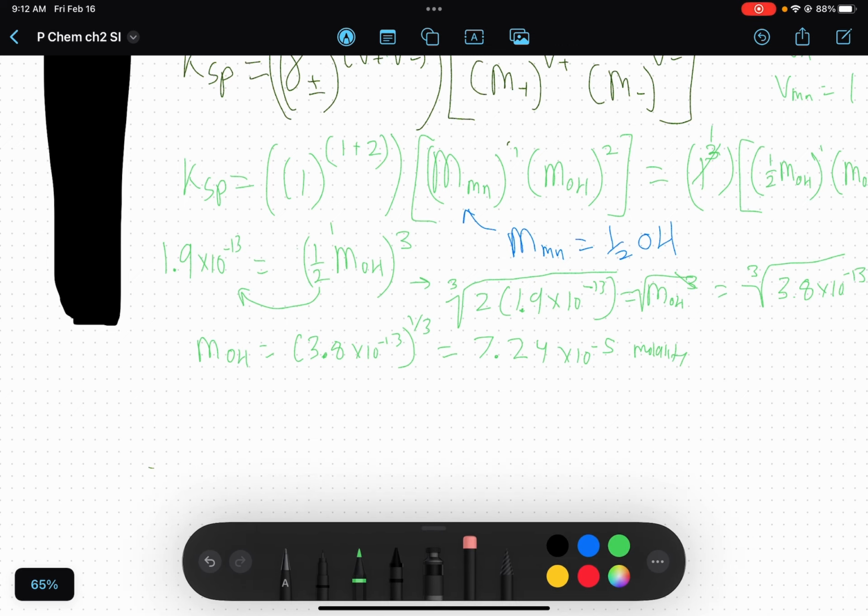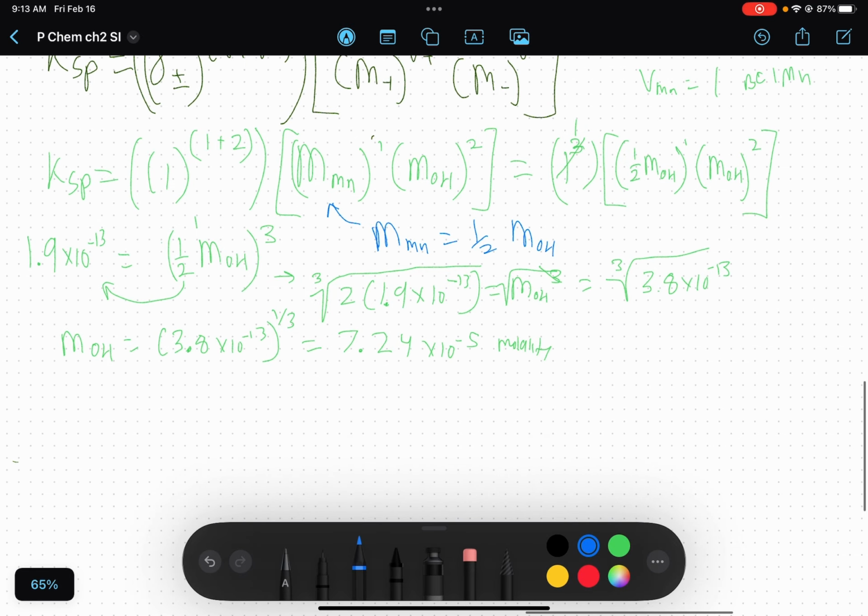Oh, I probably should have written that like this, M_OH, such that from there Mn is equal to 1/2 times 7.24 times 10 to the negative 5, which should be 3.62 times 10 to the negative 5.